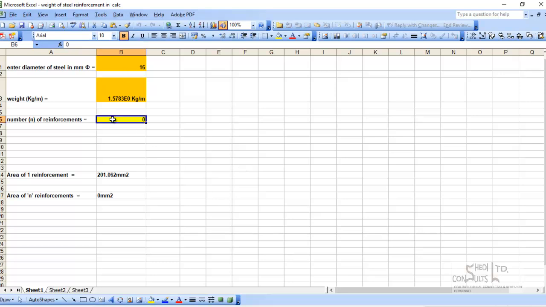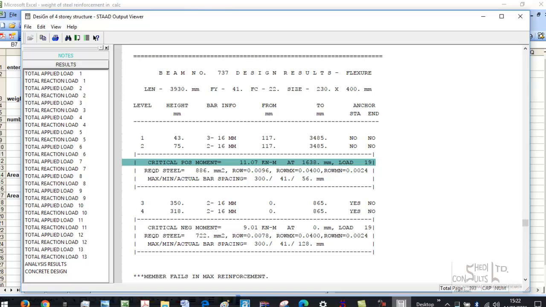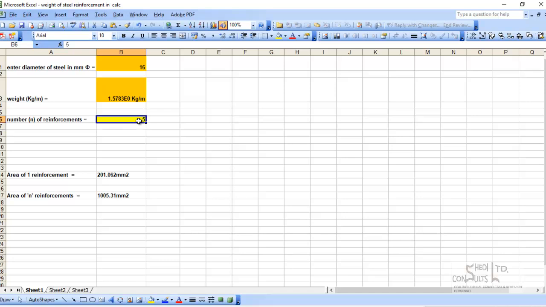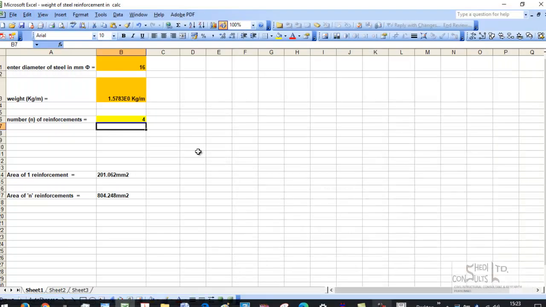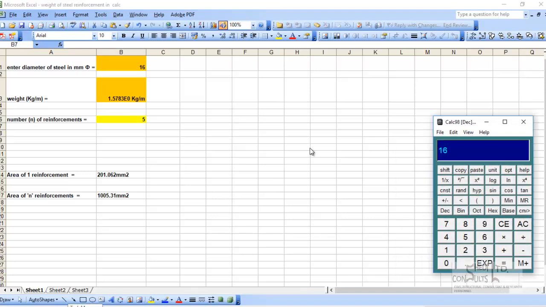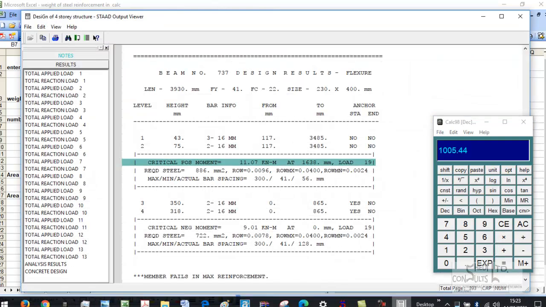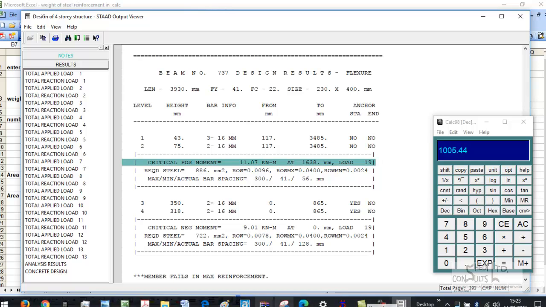So this is AS required from design, and then AS provided.